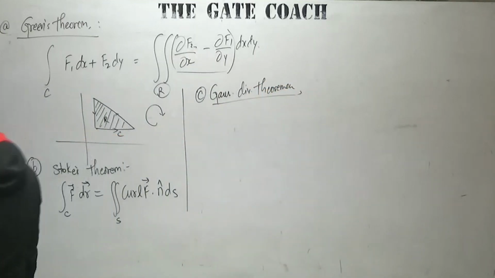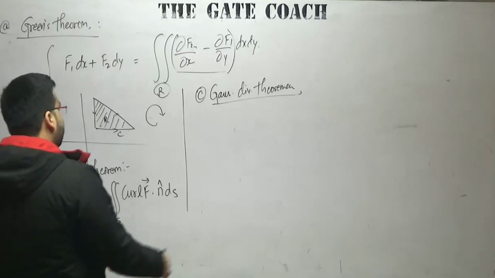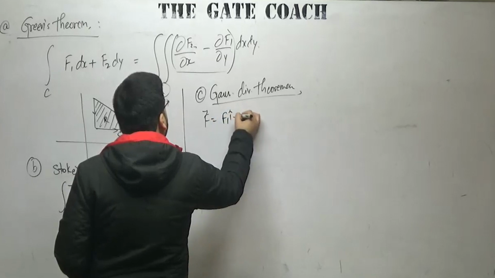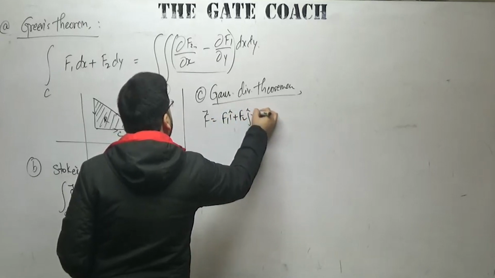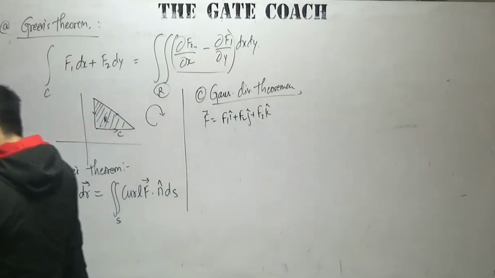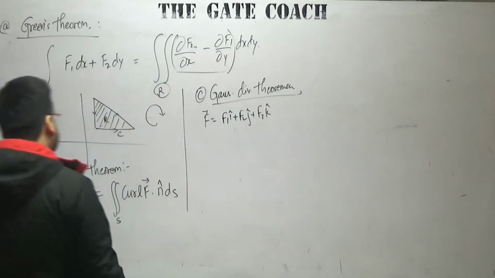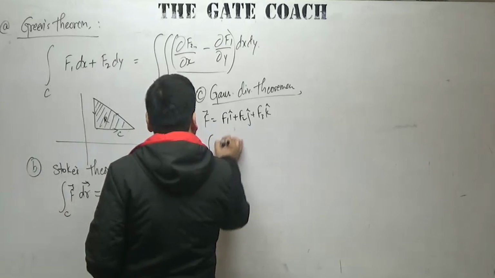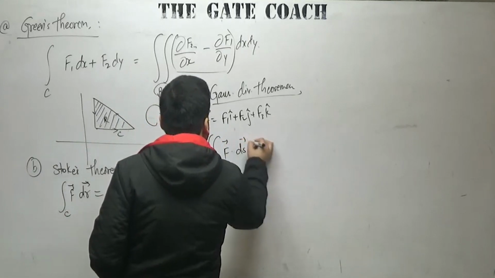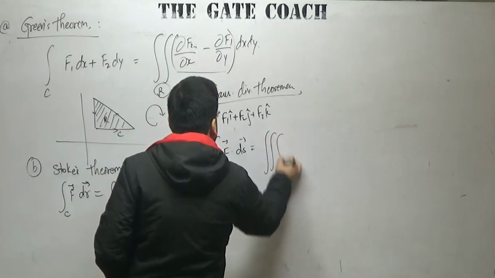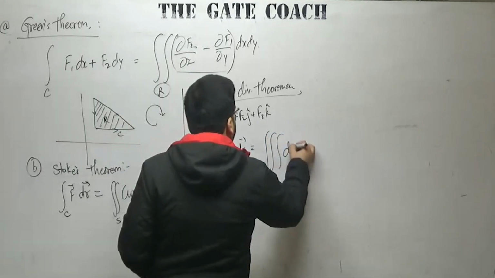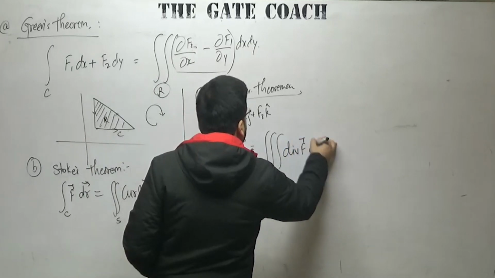Divergence theorem. So if some f vector is given to you as f1 i cap plus f2 j cap plus f3 k cap, then it can be used to convert a surface integral into a volume integral. The surface integral, that is f dot ds vector, can be converted into the volume integral of divergence of f dv.